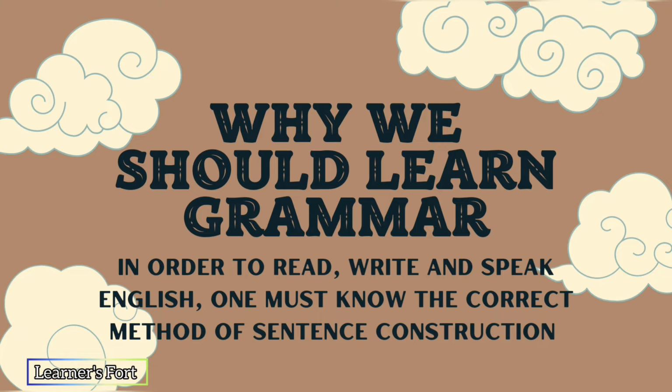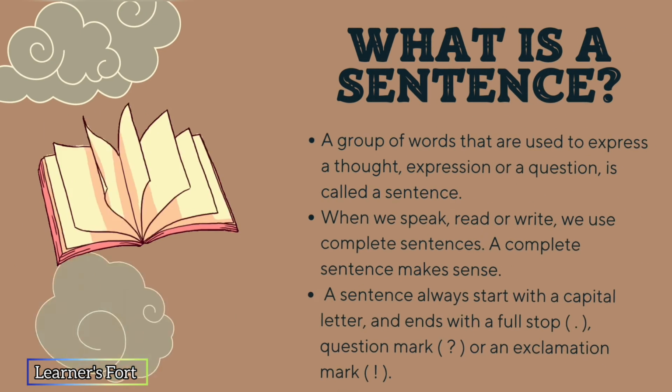All right, so the language has rules, and those rules are known as the grammar. Okay, so that is the reason that it is important for us to learn the grammar of any language that we are going to learn.